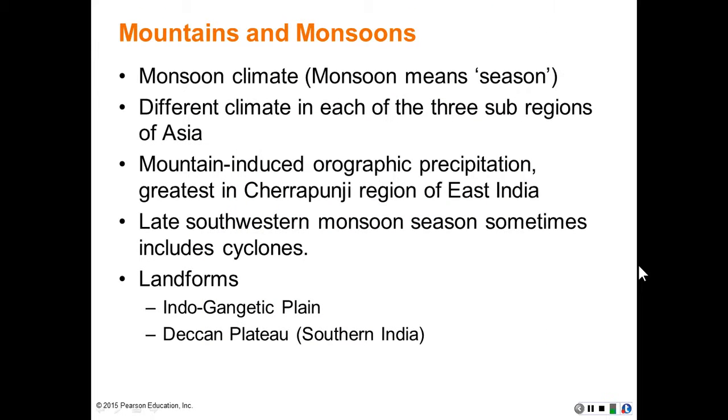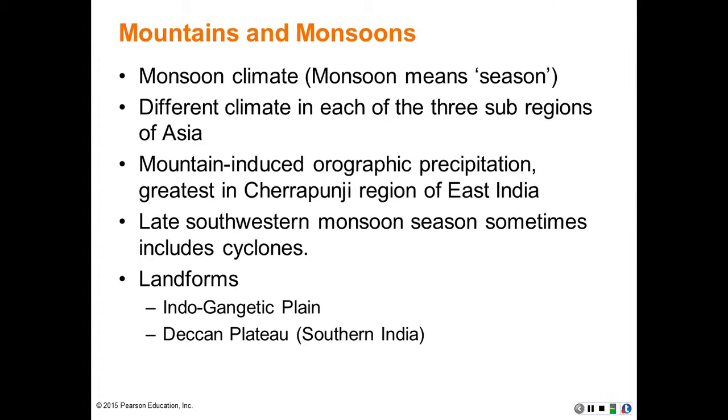Mountains and monsoons. The monsoon climate, where monsoon means season, there's a different climate in each of the three subregions of Asia. And as we go into the other regions, we'll talk about these. But in the case of the monsoon climate of the Indian subcontinent, mountain-induced orographic precipitation is greatest in the Cherrapunja region of East India on the edge of the Himalayan mountains.